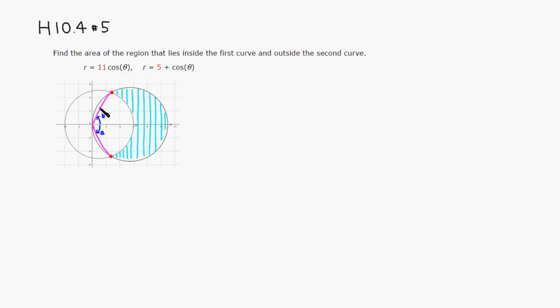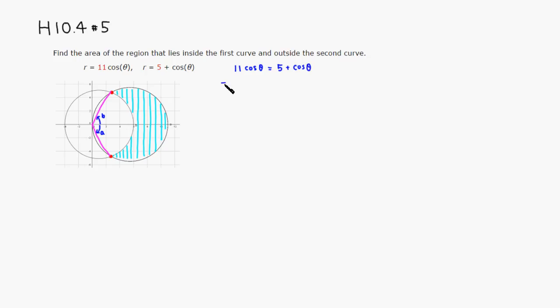You can see that these two red dots are just the intersection between these two circles, so we can just set them equal to each other. So we're going to have 11 cosine of theta equal to 5 plus cosine of theta.